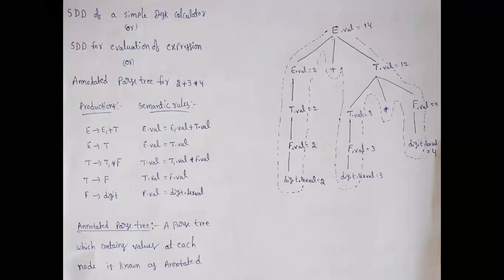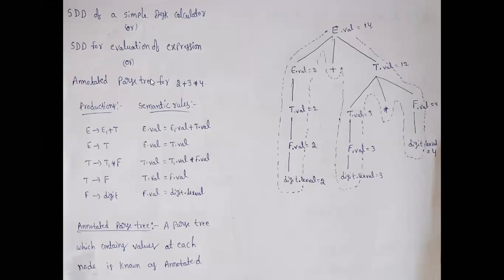Here is another example for evaluation of expression of syntax directed definition. The example is the syntax directed definition of a simple desk calculator, or SDD for evaluation of expression, or annotated parse tree for 2 plus 3 into 4.